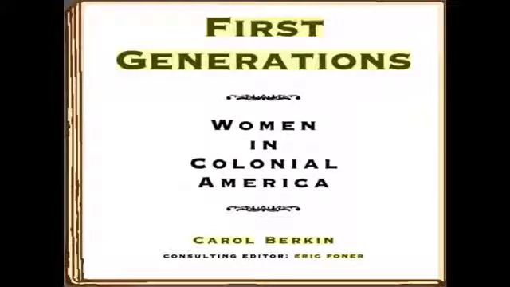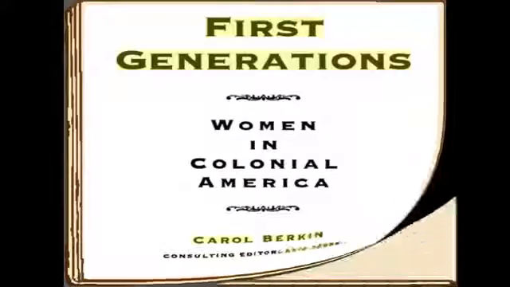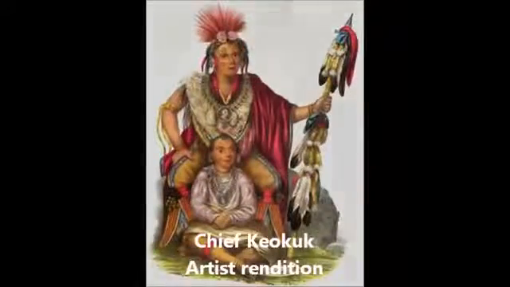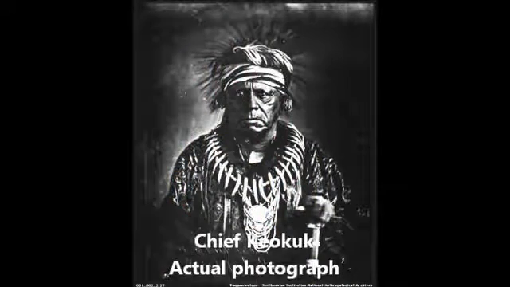Author Carol Berkin, in her book First Generations, explains that historians have come to understand that they must handle journals, government reports, sermons, books, and diaries written by Europeans about Native Americans cautiously, as artifacts of European adjustment to cultural diversity, rather than true guides to Indian societies. This European adjustment has given us a distorted view and has allowed many misconceptions and inaccuracies to be perpetrated.